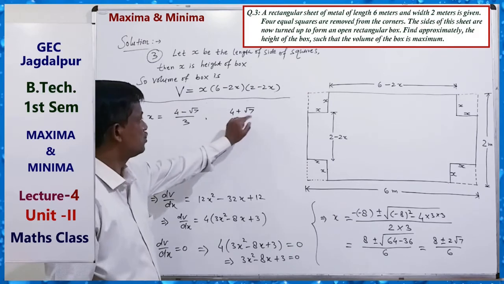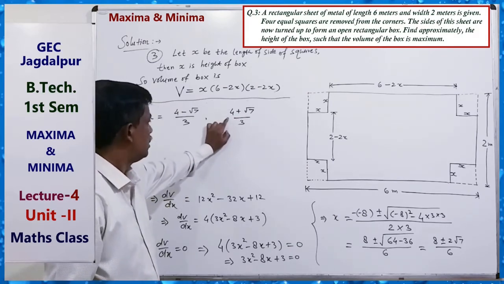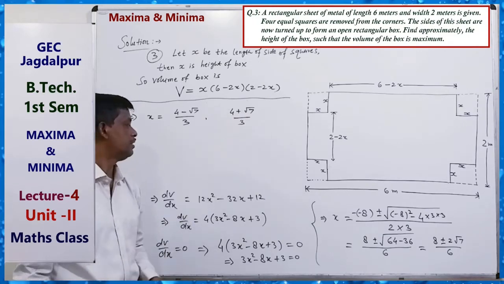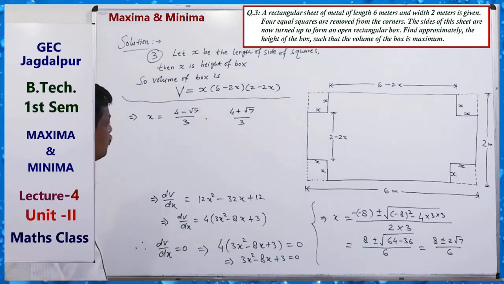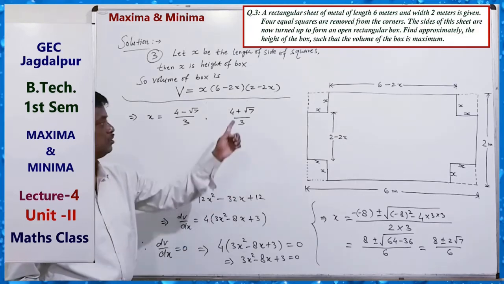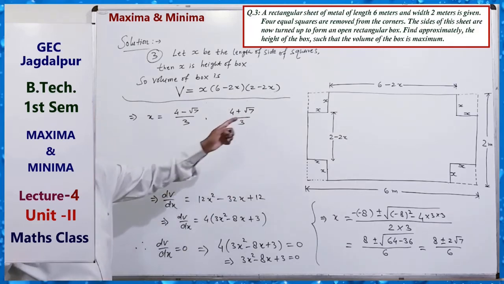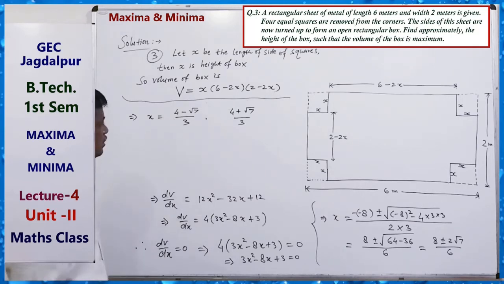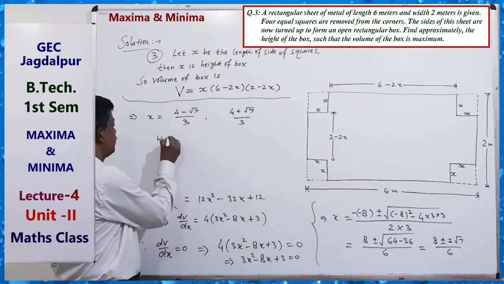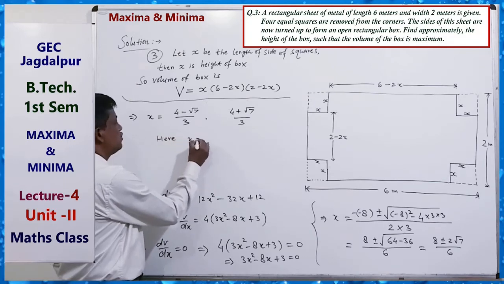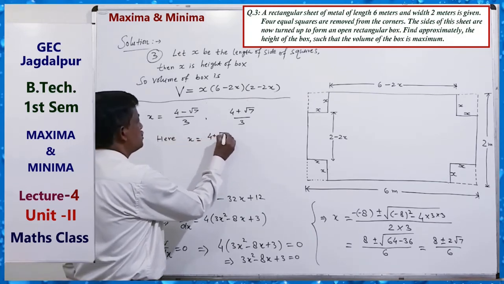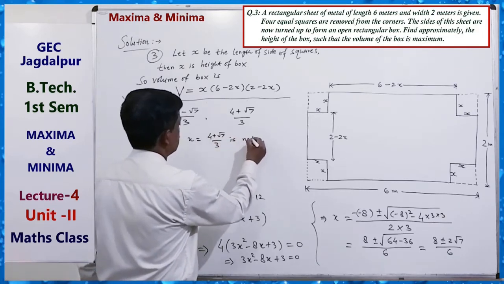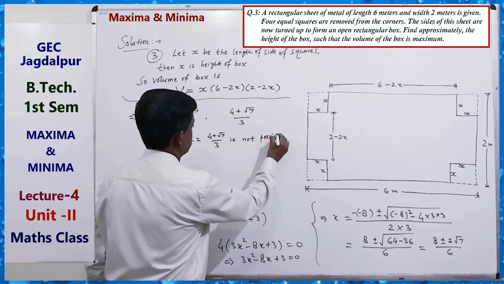Root 7 is near about 2.6, so 4 plus 2.6 is 6.6, divided by 3, greater than 2. This is the greater value, and this is the lesser value. So x equals 4 plus root 7 by 3 is not possible.